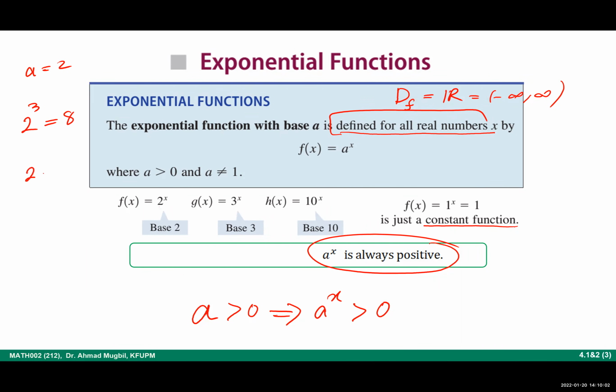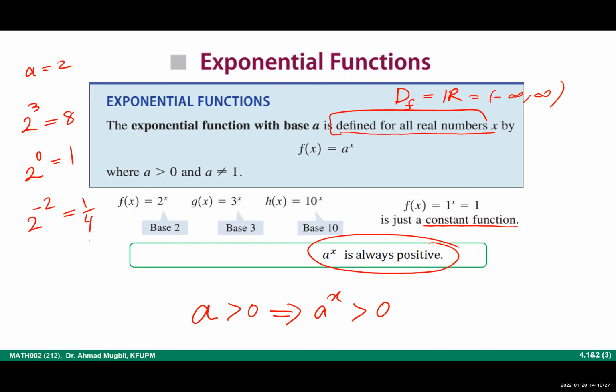Now think about 0 itself: 2 to the power 0 is 1. Give me a negative number. 2 to the power negative 2 is 1 over 4. So whatever x is, positive or negative or 0, a to the power x will always be positive, greater than 0.